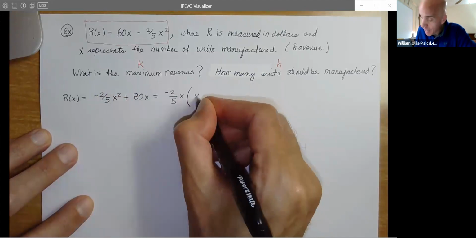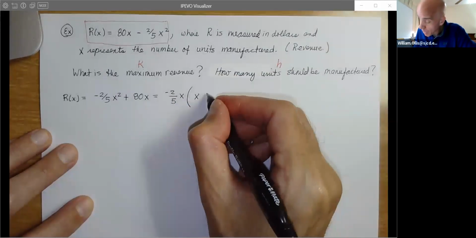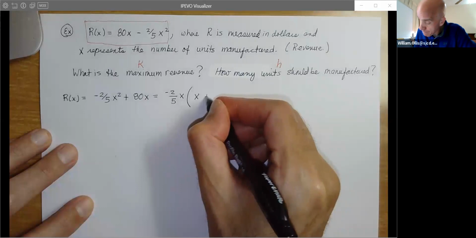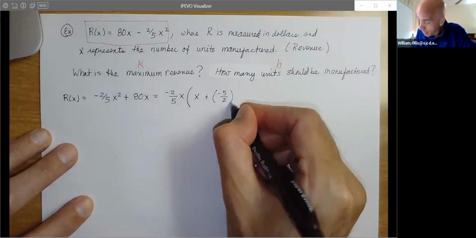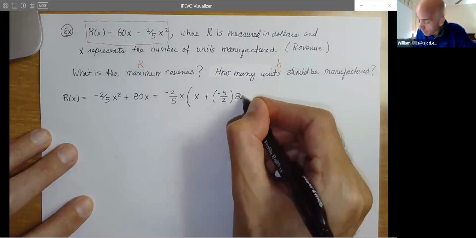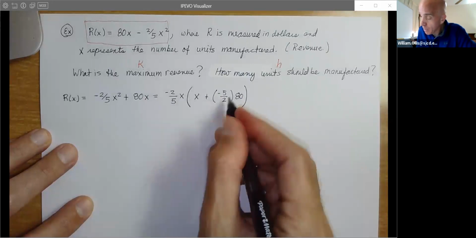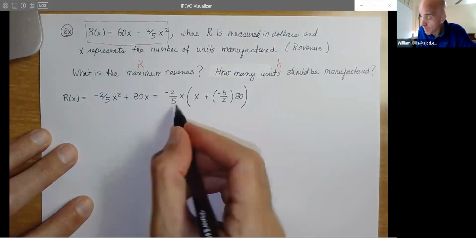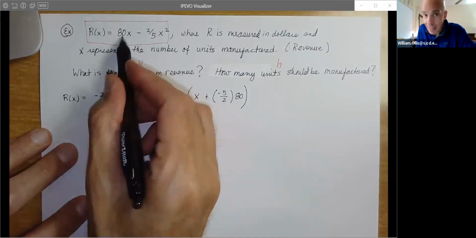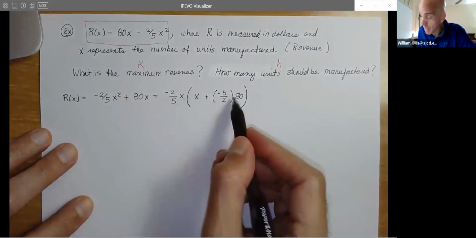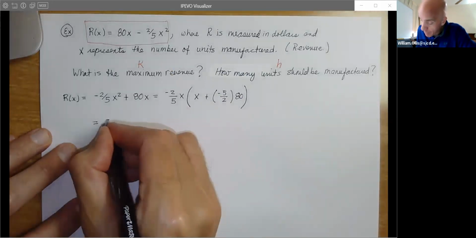So that just leaves an X. And now here to compensate, we'll just flip it. We'll just say plus negative 5 halves times 80. Of course, we've taken out the X, that's been extracted, but we have to pay for the negative 2/5 by reciprocating it. So when we multiply back through, we get exactly that term, and we have the negative times the negative, and everything works.